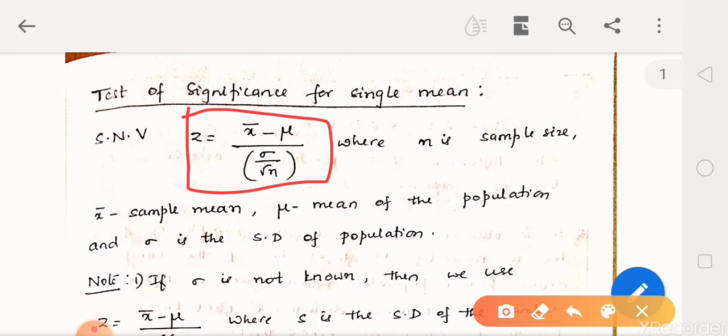This is applicable when the mean of the sample and the mean of the population are given.